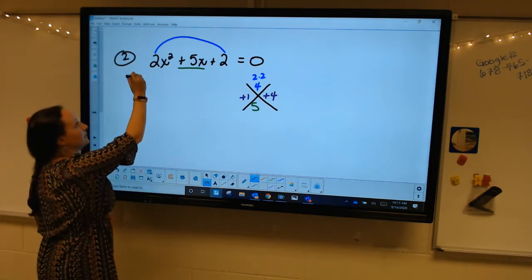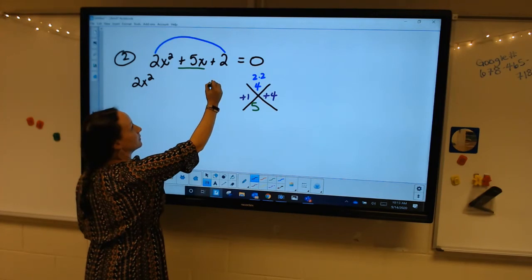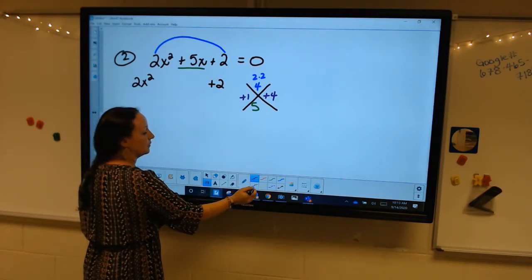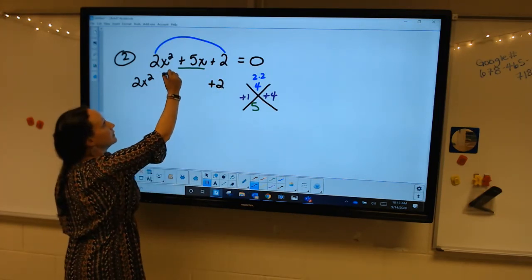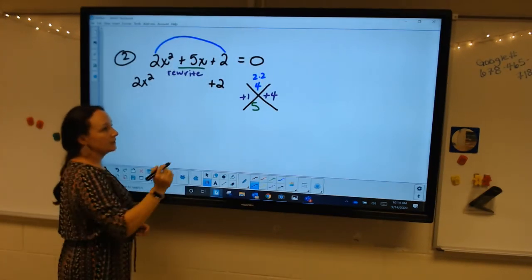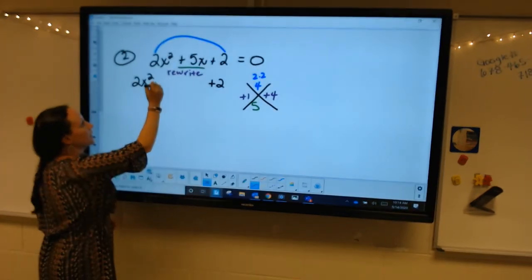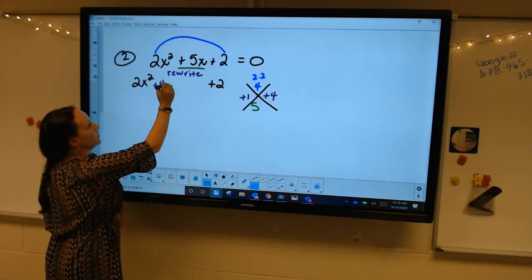We keep 2x squared and we keep plus 2, and we rewrite 5x to be 1x plus 4x. But I'm actually going to put the 4 next to the 2.